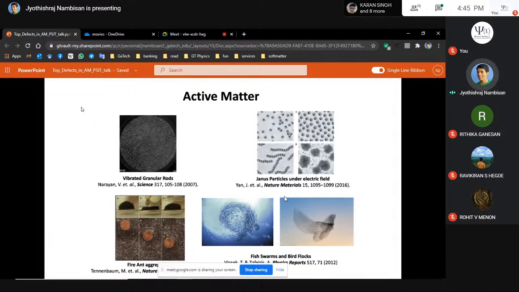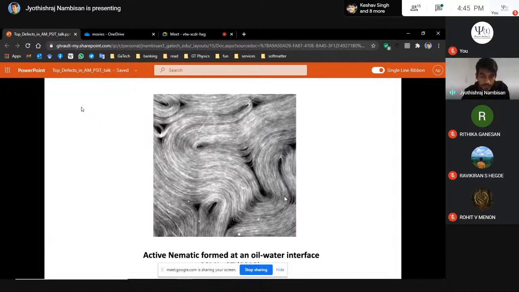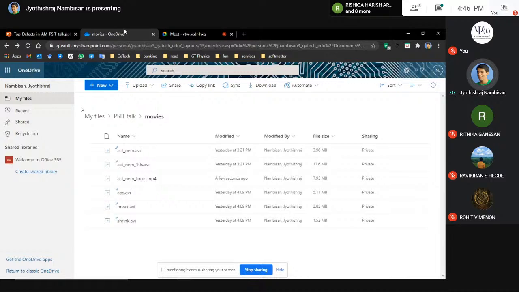These things do move, and what that means is that the defects in such systems can also move. That itself is exciting because defects in conventional condensed matter systems, in the case of a crystal point defect, are static. So when you have moving defects, it's a whole different exciting field, right? Let me try to play this video here.